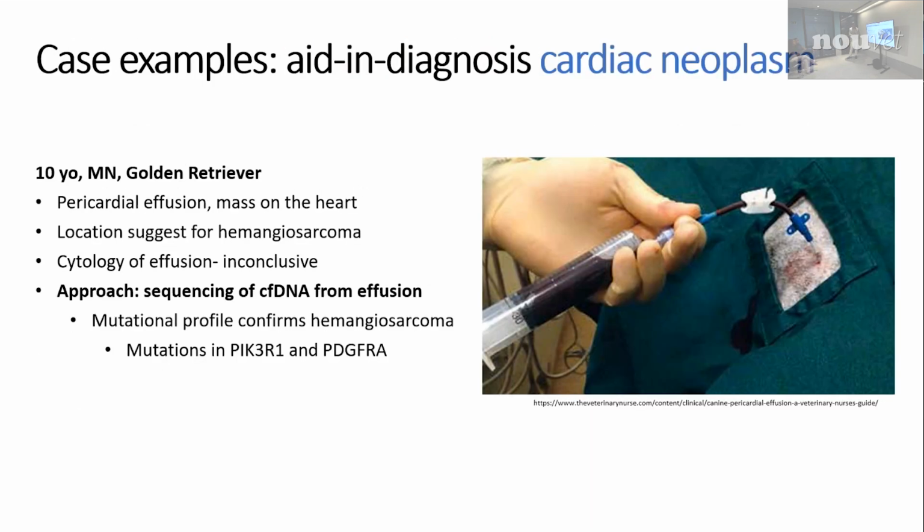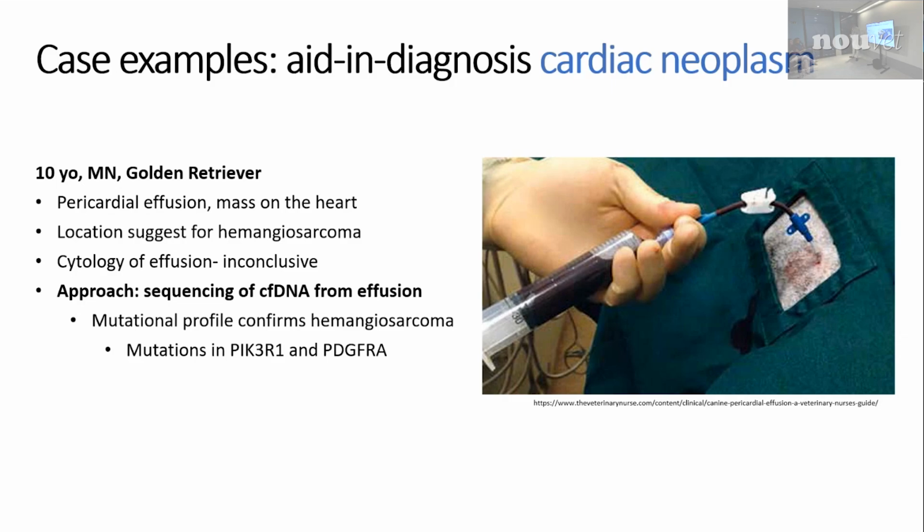Then the cardiac neoplasms: sometimes it's relatively clear cut, but sometimes it's not, both from an effusion perspective as well as location. In this case, the location was suggestive of hemangiosarcoma. So we again sequenced the effusion, and we found some mutations that are classical for hemangiosarcoma.